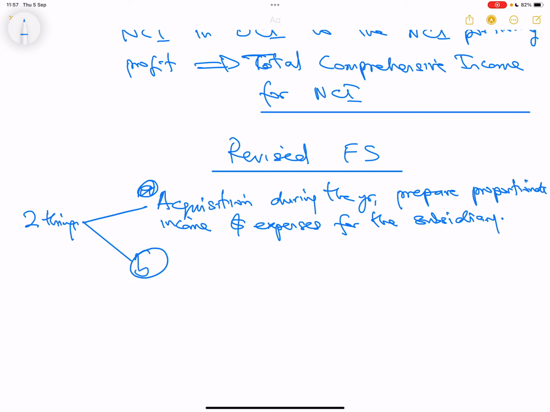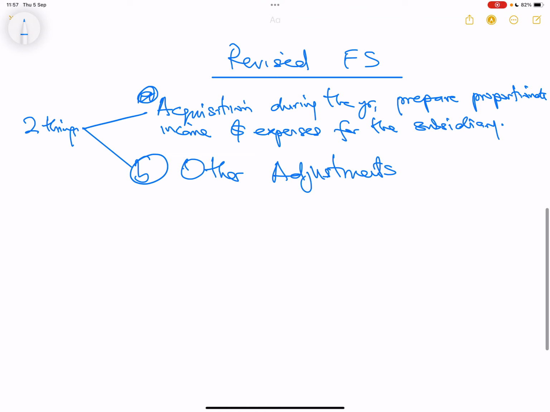The second is the bulk of the work, and that's when you need to make other adjustments. I will try and list out all the possible adjustments you can have, which is what we'll see in the questions we'll be doing.